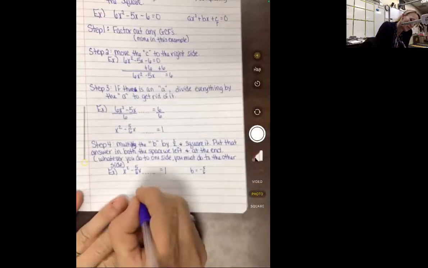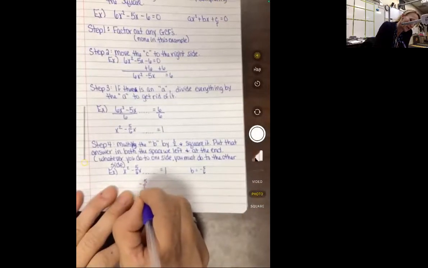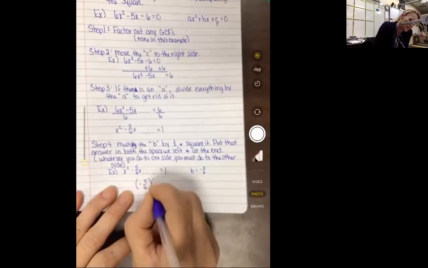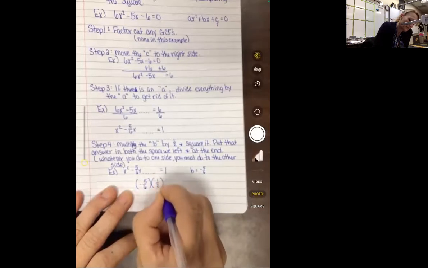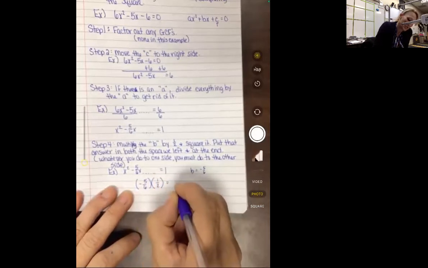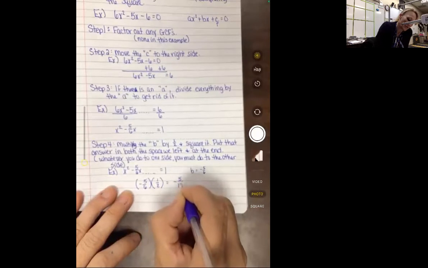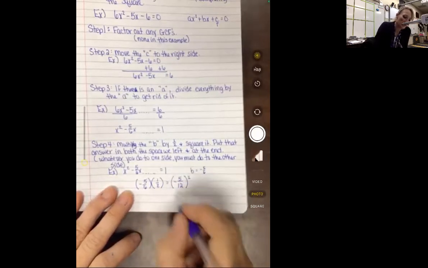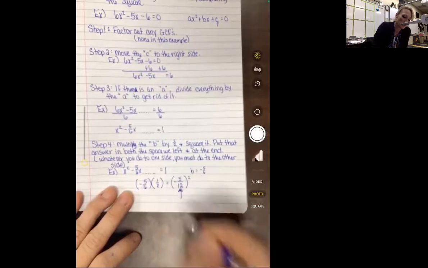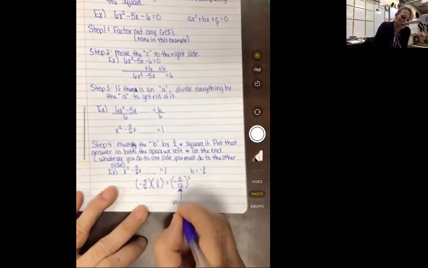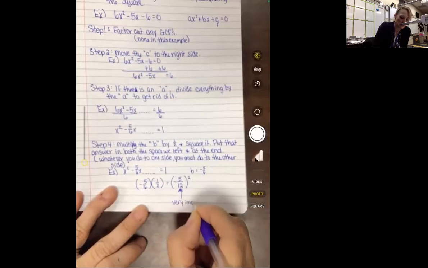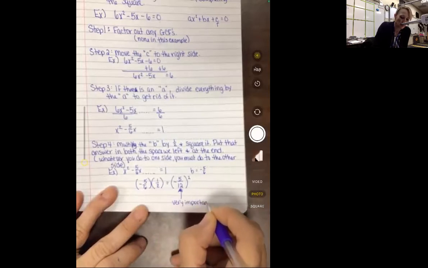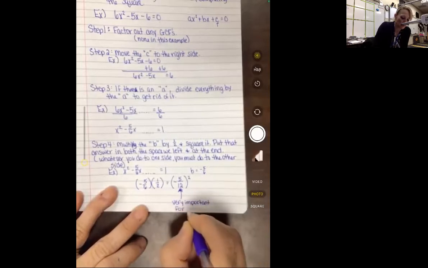We're going to multiply our b times 1/2, which in this case is going to give us negative 5 over 12. And then we're going to square it. Now, this number right here is very important. And we're going to use it in step 5.